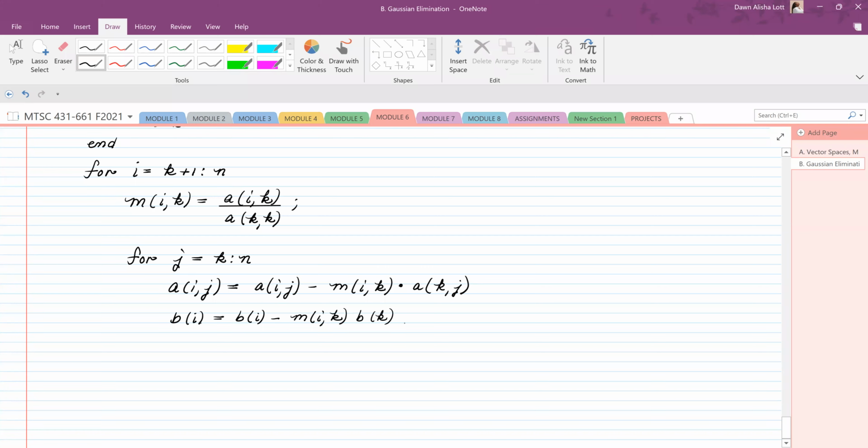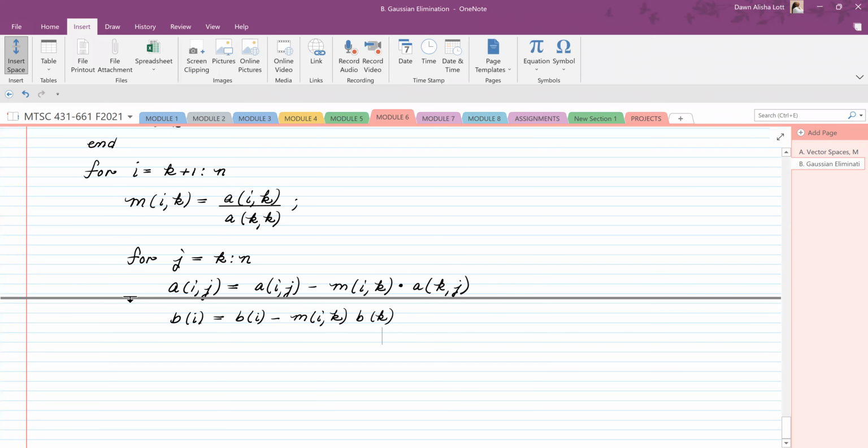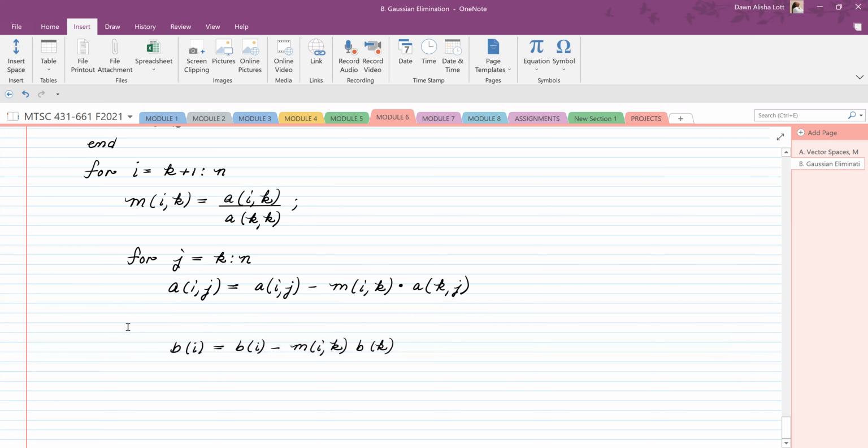The reason I'm feeling funky about that is because I don't feel like that needs to be in that loop. I feel like that should be out of the loop. Okay, since I don't feel like that should be in the loop, I'm going to pull it out, but I will double check.